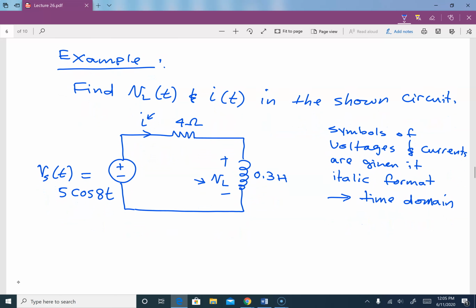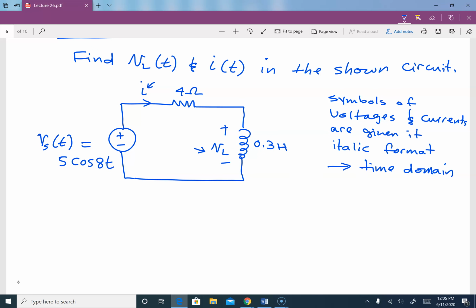So first of all, we have to have our circuit in phasor domain.